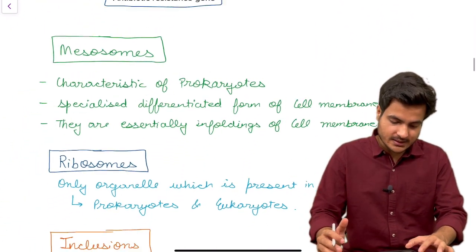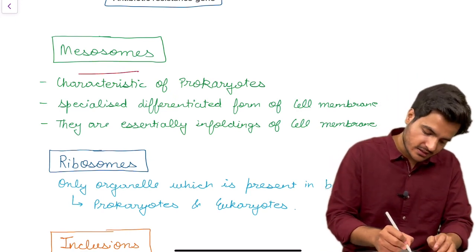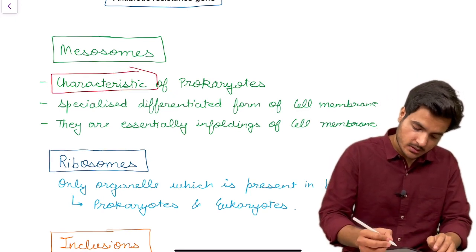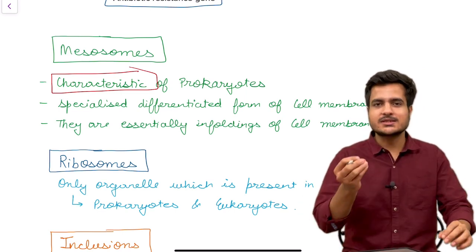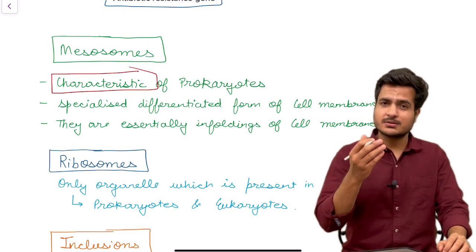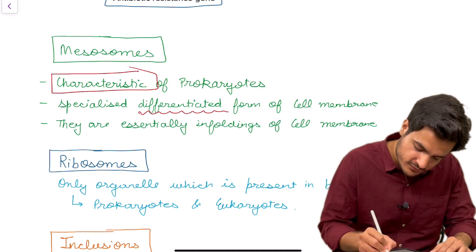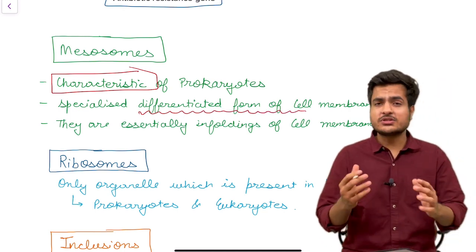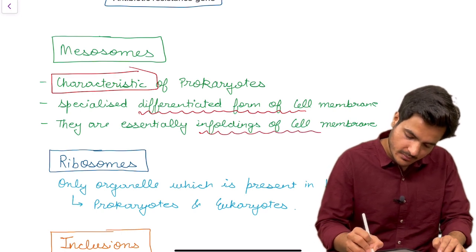So now let's see what mesosomes are. Mesosomes are characteristic features of prokaryotes. And what do we mean by mesosomes? A mesosome is nothing special, just an invagination of the plasma membrane of the bacteria. That is, it is a specialized differentiated form of cell wall, an infolding of the cell membrane.